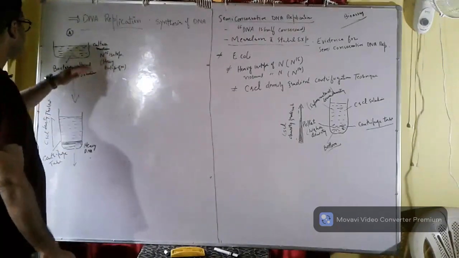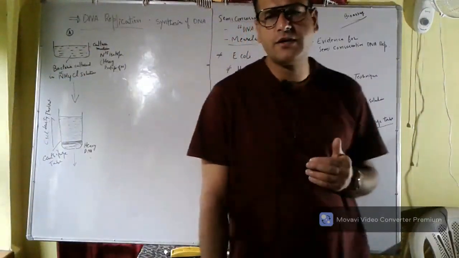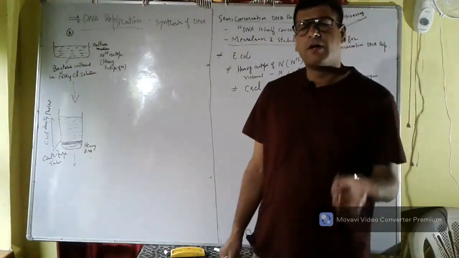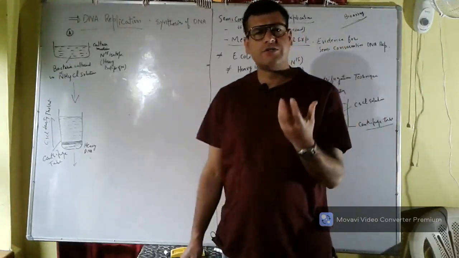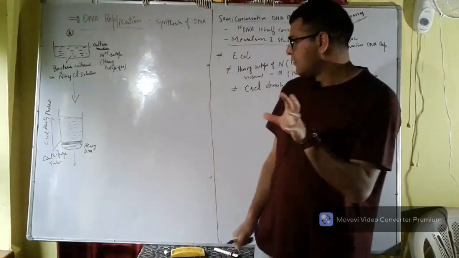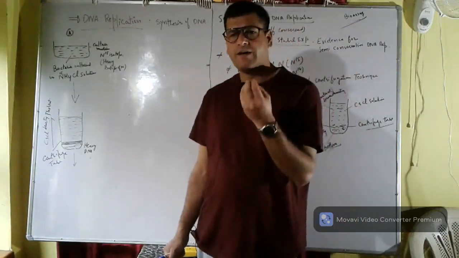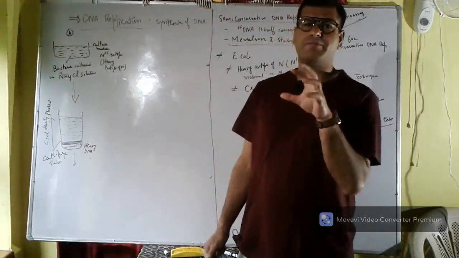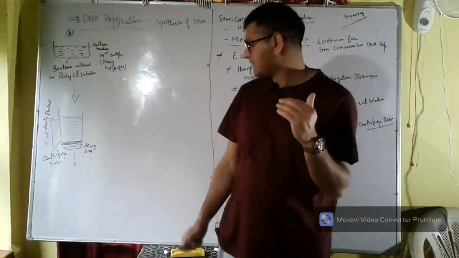Then what they did, in the first part, they cultured bacteria in the heavy isotope of nitrogen, and their nitrogen bases incorporated the heavy isotope of nitrogen. Then they tested this DNA by means of centrifugation, and in the cesium chloride density gradient, this heavy DNA formed a band in the pellet, and this band constitutes the heavy DNA.